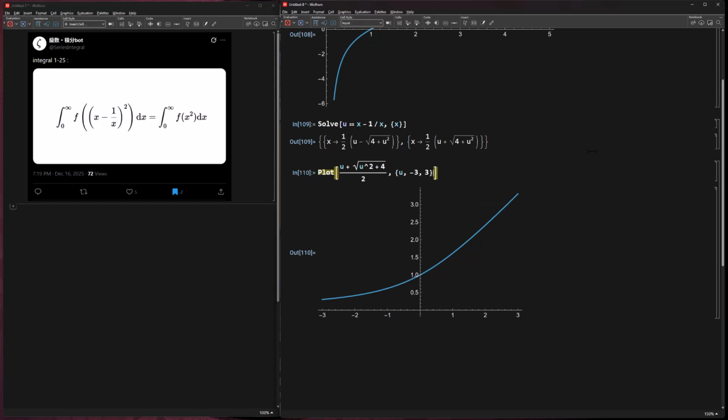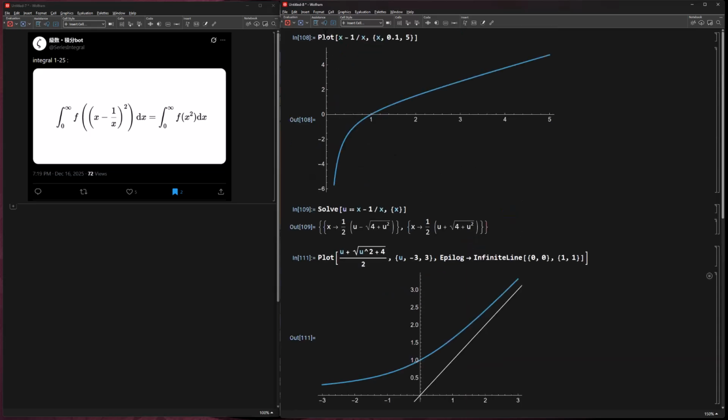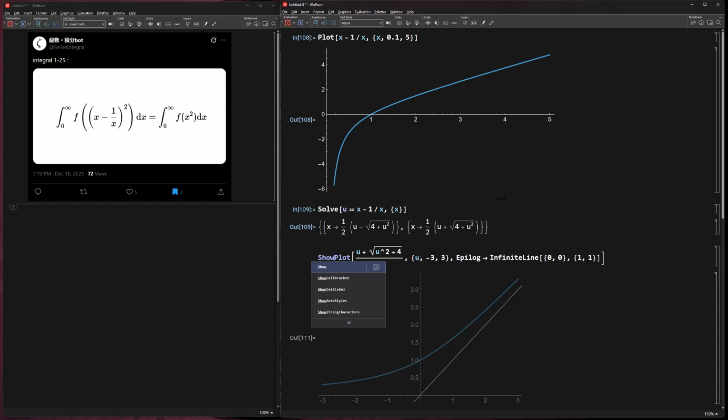We can put them together, passing through 0, 0 with direction 1, 1.